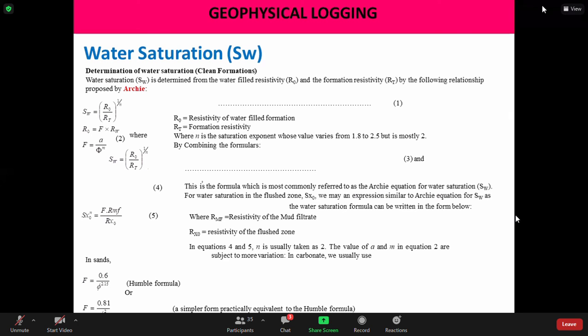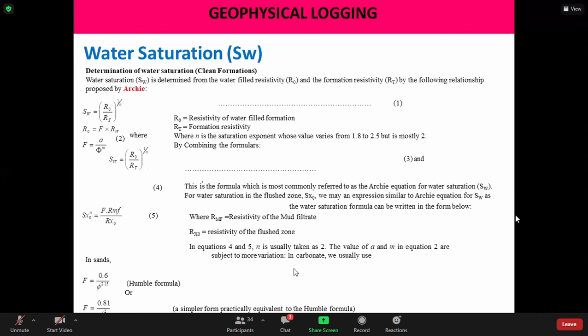What about effective permeability, relative permeability, and the apparent permeability? So he's going to talk about that. Okay, effective permeability.